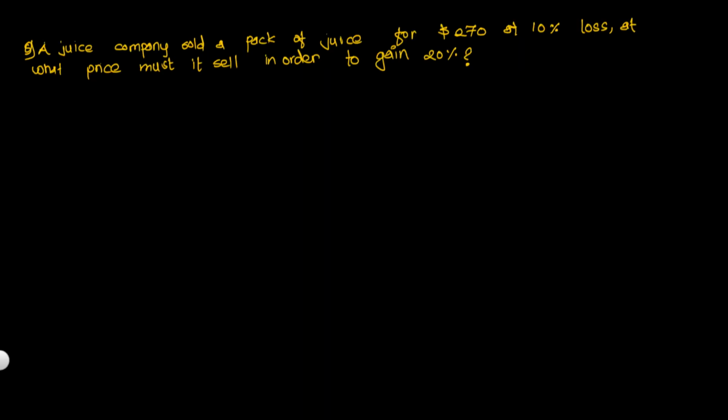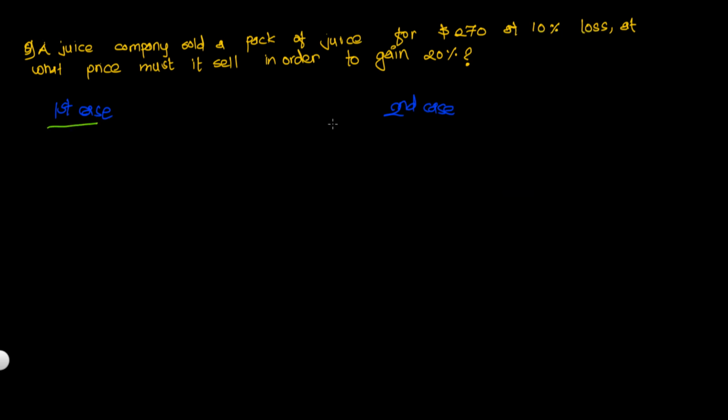Now in this problem, a juice company sold a pack of juice for $2.70 at 10% loss, and at what price must it sell in order to get 20% profit? So we have two cases, the first case and the second case.